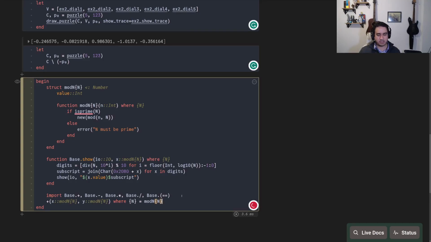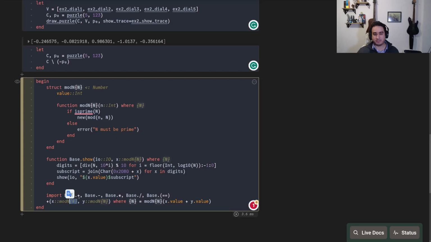The sum is going to be just a new number, and since I'm doing the mod in the constructor, it doesn't matter whether this is within the actual constraints of 0 and n minus 1 or not. And this is one of the reasons why n is a parametric type.